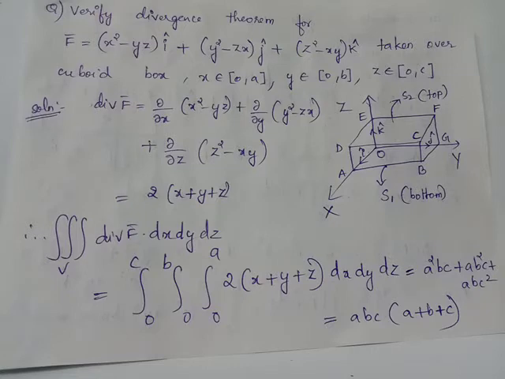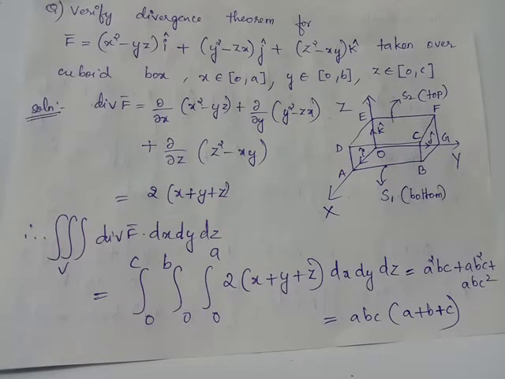When you consider the face S5, which is represented using AOED, n cap equals minus j will be the required outward unit normal.